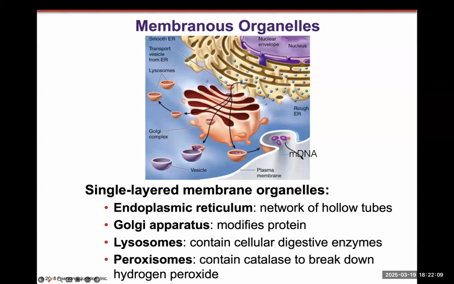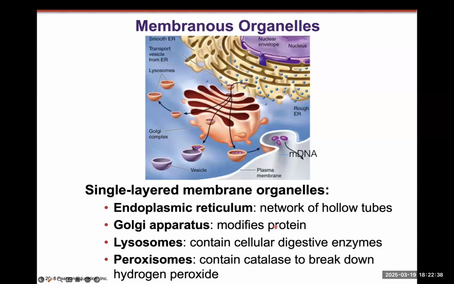Those chemicals go into the interstitial fluid and the bloodstream, and these could be hormones or enzymes, and then they go to other parts of your body. So the Golgi produces these vesicles, and they house all these different kinds of enzymes. The Golgi apparatus is modifying the proteins.